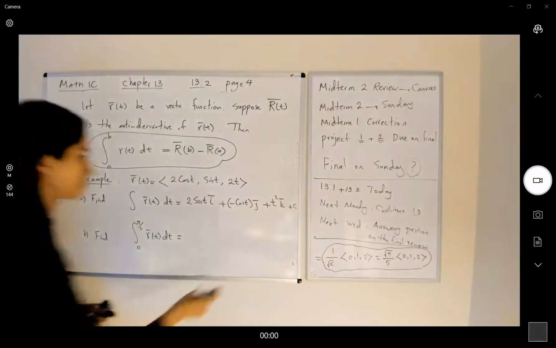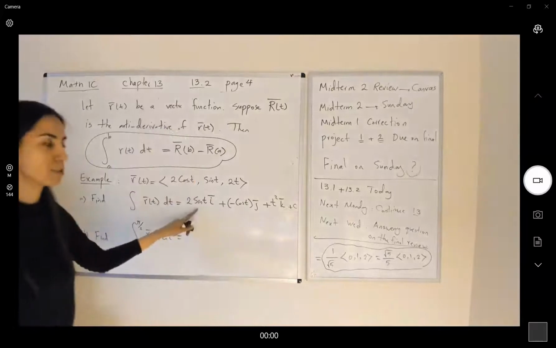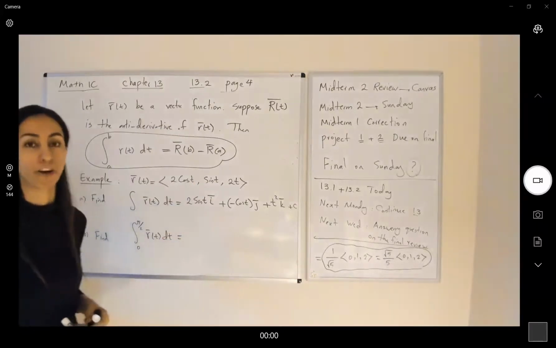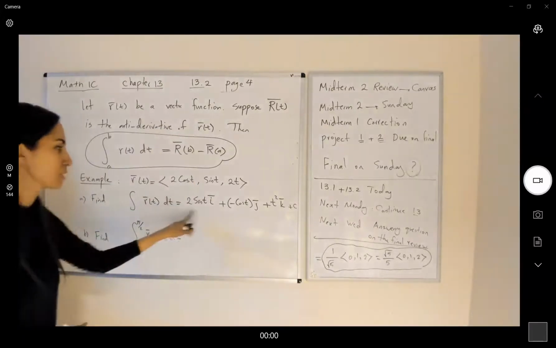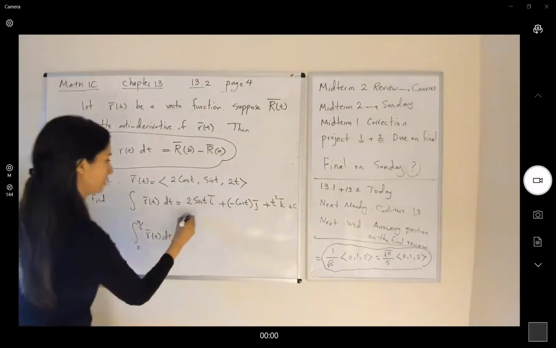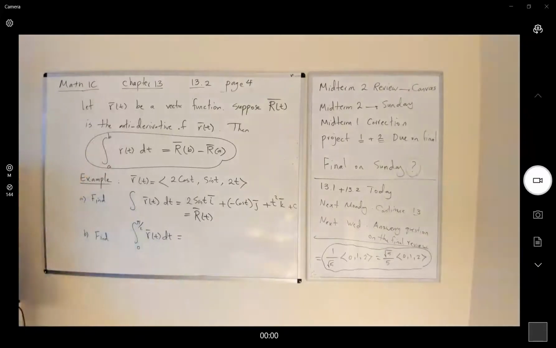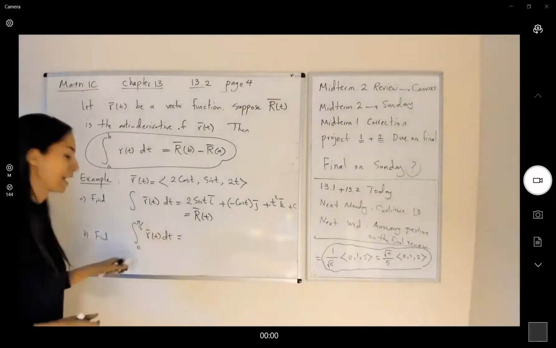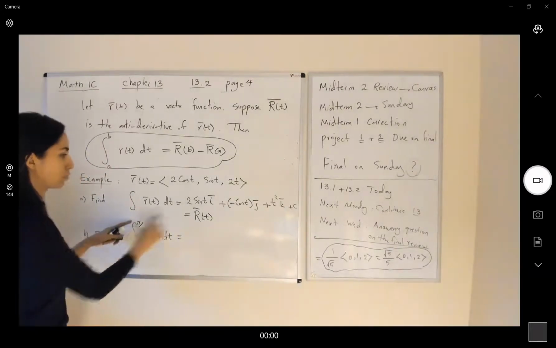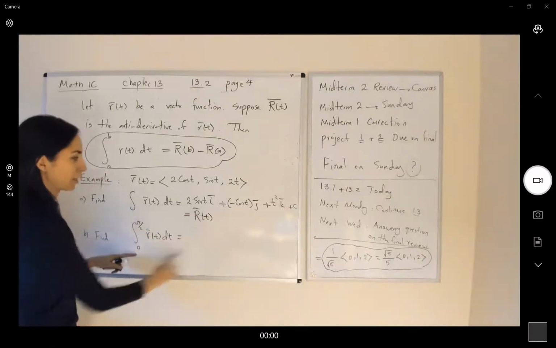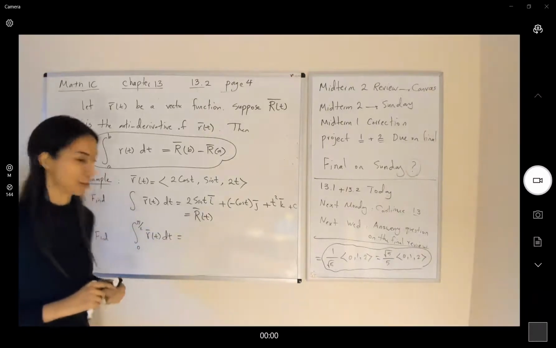Very well. We found the antiderivative of this function. This is your capital R(t). Now for the second part, you have an upper limit and you have a lower limit. You just need to plug in the upper limit, plug in the lower limit, and do the subtraction.